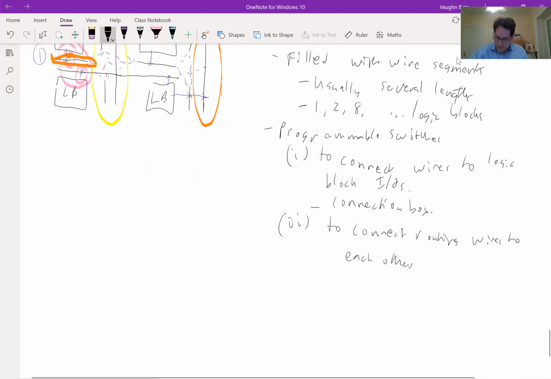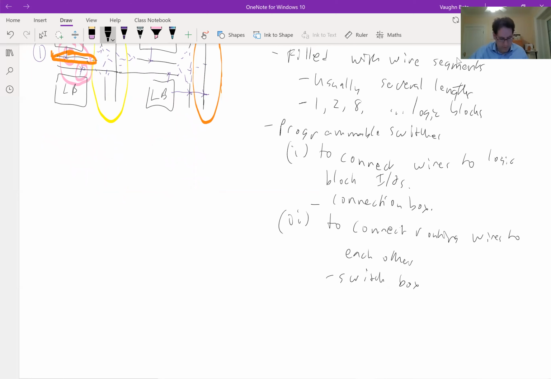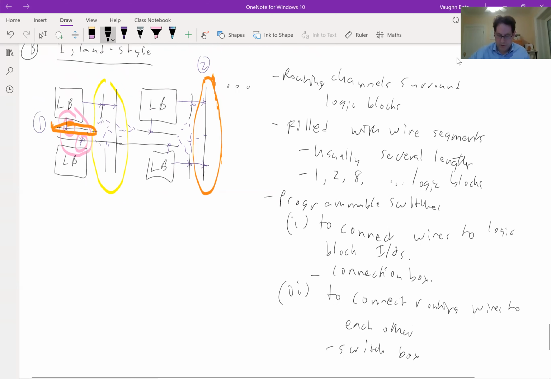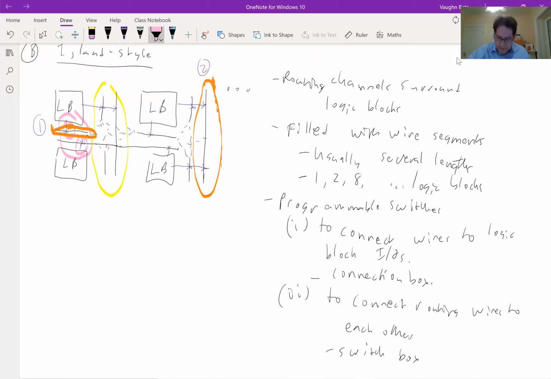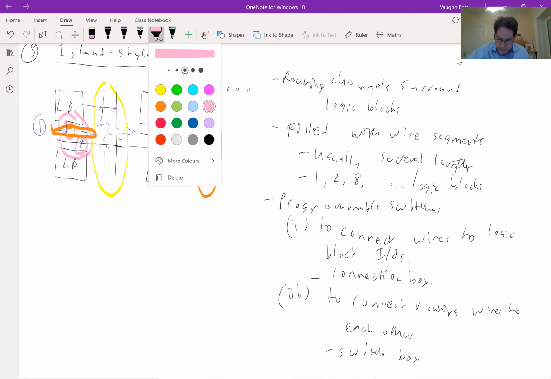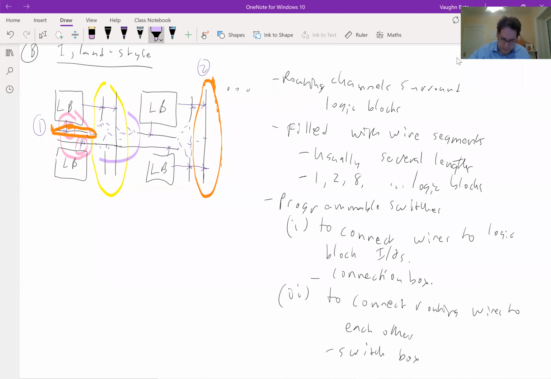Okay, and we call that a switch box, or sometimes people call it a switch block. Basically these switches here, those programmable switches that go between different kinds of wires, together they form a switch block or switch box.